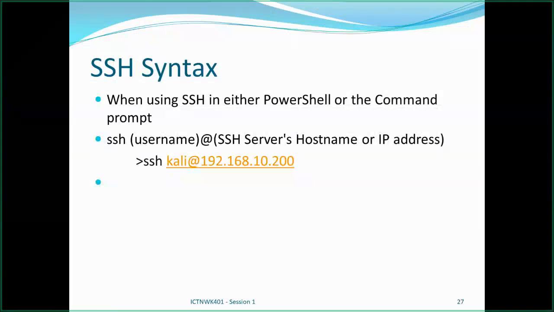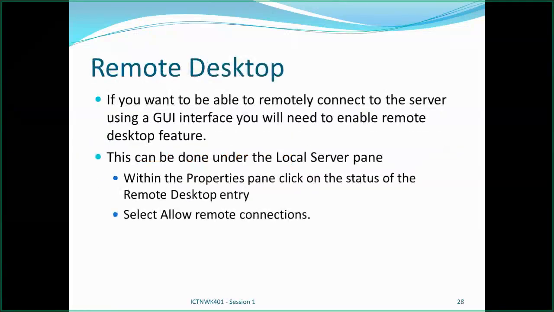The other way we can do remote connections is via remote desktop. Again, we've got to set up the server to accept remote connections, so we need to enable the remote desktop server feature.